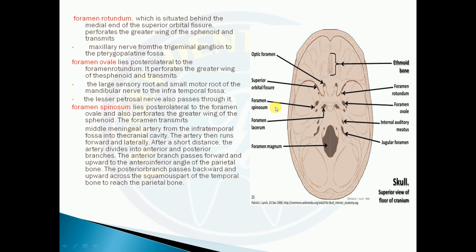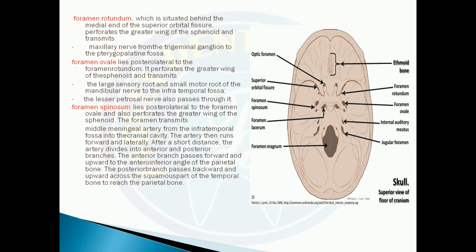Coming on to the foramen spinosum, this is the foramen spinosum. It lies posterolateral to the foramen ovale, and it transmits the middle meningeal artery from the infratemporal fossa into the cranial cavity. Very important.